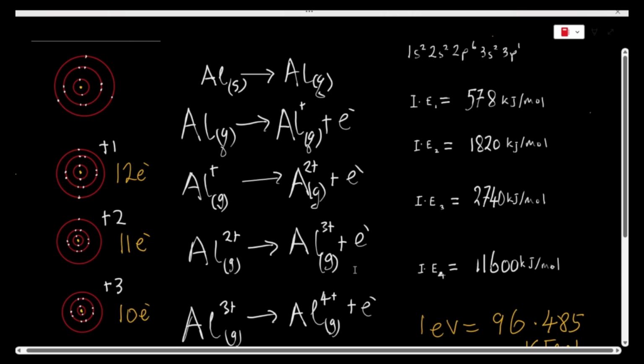The third ionization energy is the energy required to remove 1 mole of electrons from 1 mole of gaseous +2 ions to produce 1 mole of gaseous +3 ions, and so on and so forth. And so get used to the definitions.